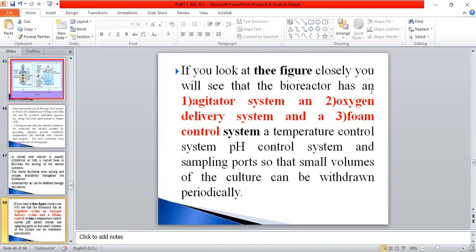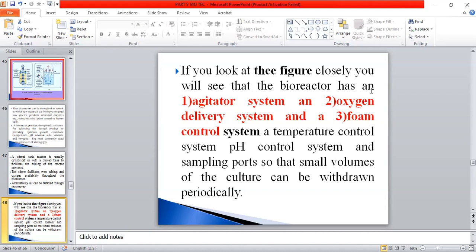There are also a temperature control system, pH control system, and a sampling port so that a small volume of culture can be withdrawn periodically. It is also used for the next culture. Just like curd, we take a small amount of curd for the next preparation, isn't it? Likewise here, these 3 features are very, very important for the bioreactor: agitator system, oxygen delivery system, and foam control system.